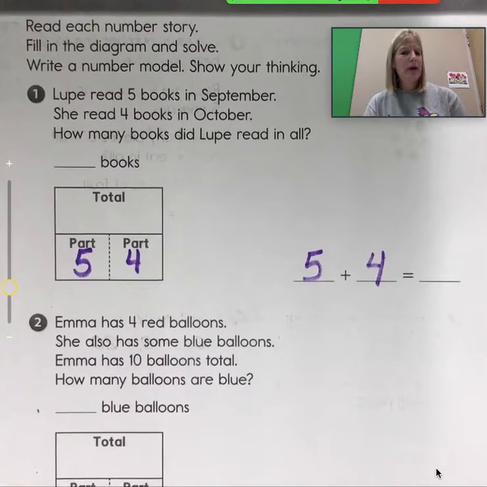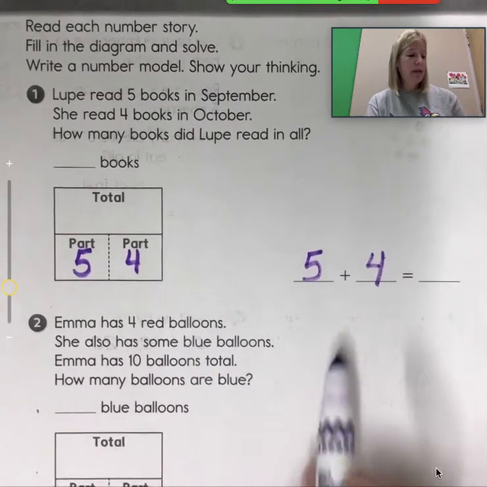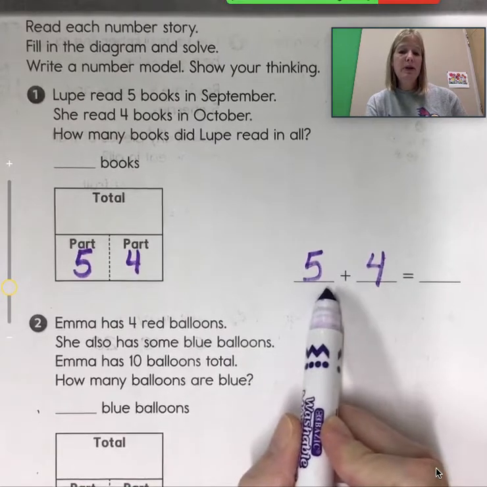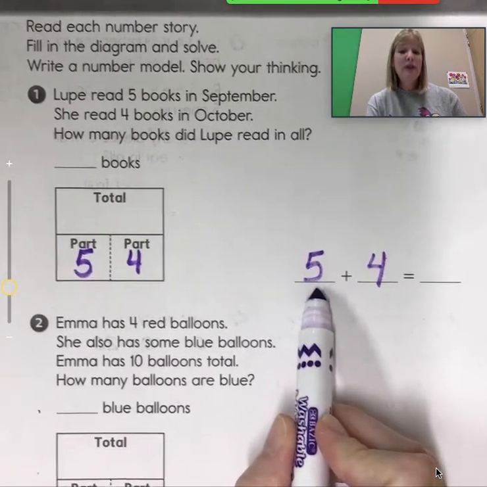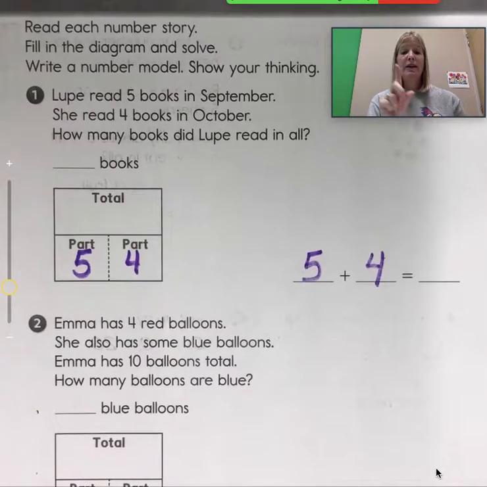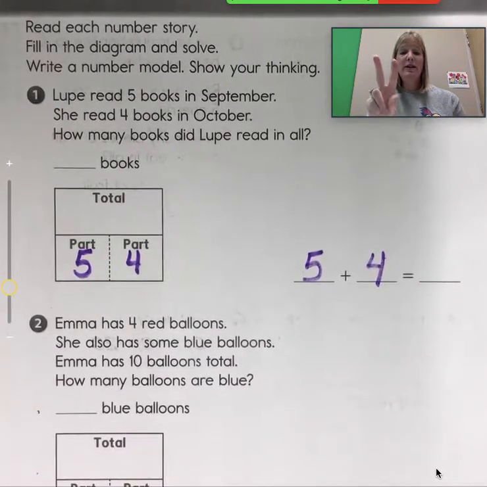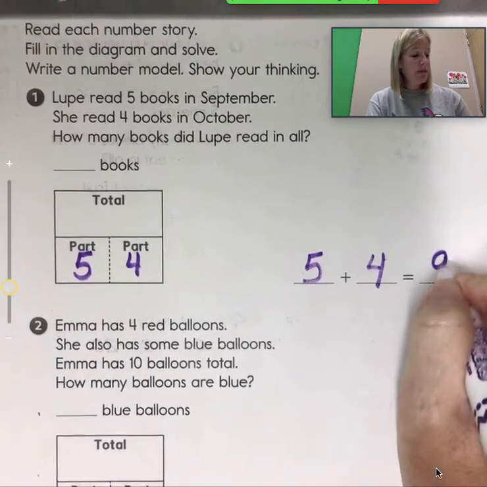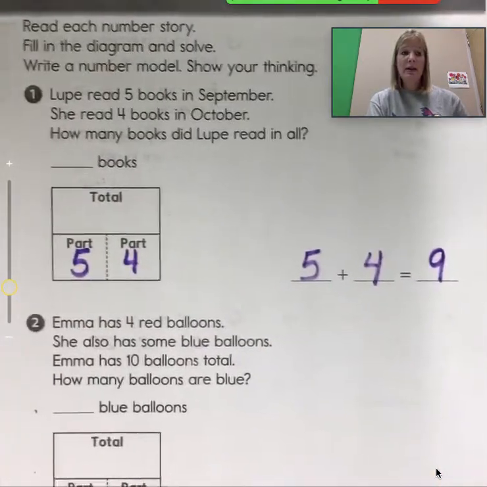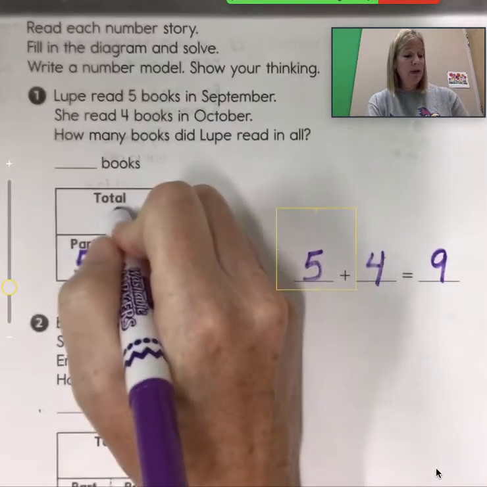I think I'm going to count up on this one. I'm going to start with my big number. Which number is bigger? The 5. So I'm going to start with 5. 5, 6, 7, 8, 9. 5 plus 4 is 9. So that is also going to be my total.